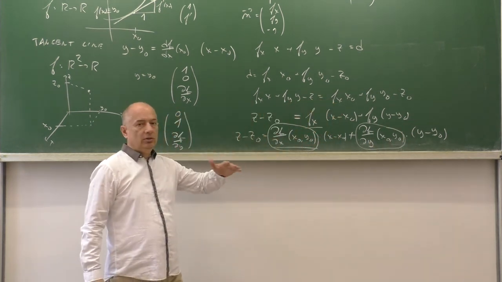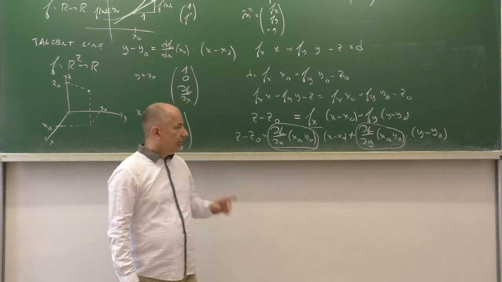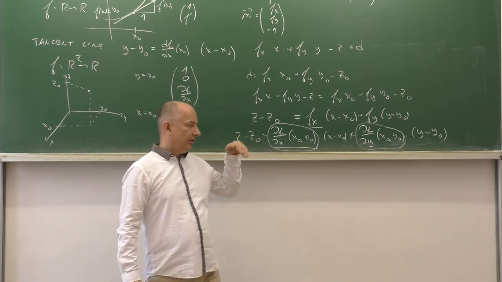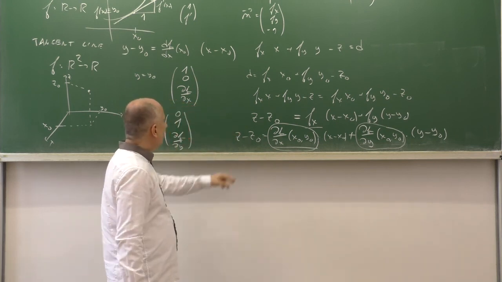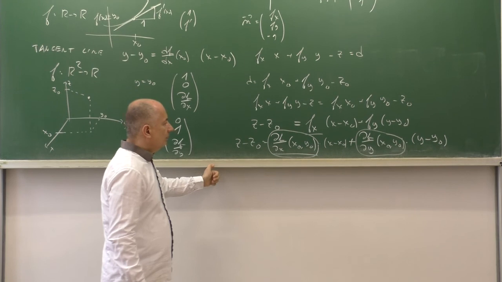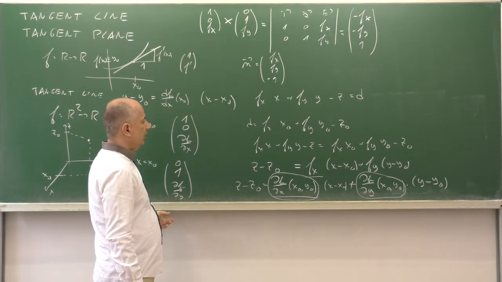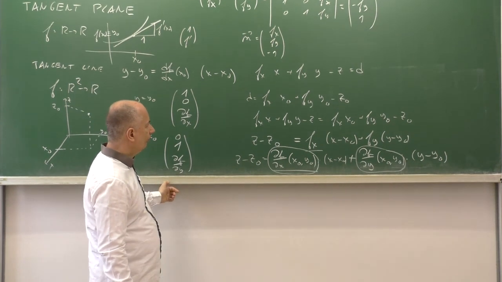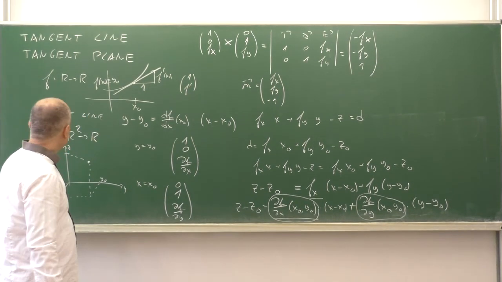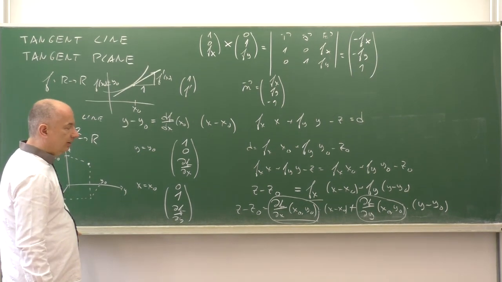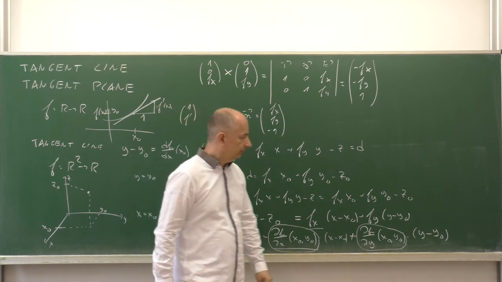It may be 0 if the plane is horizontal in this direction. It may be positive or negative, but this is a number, a constant, corresponding to the slope of the line. So this is the equation of the tangent plane to the graph of a function of two variables.